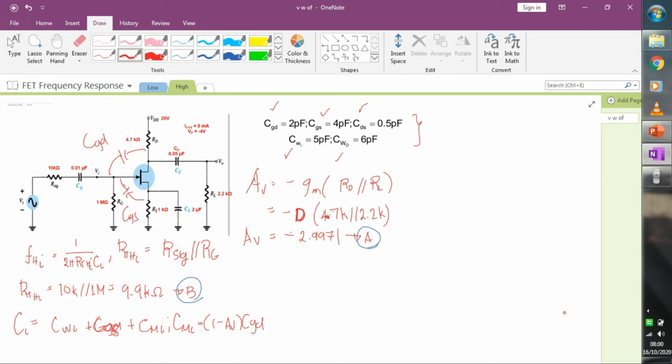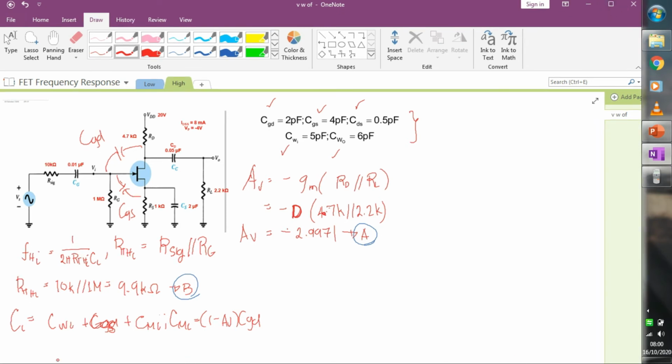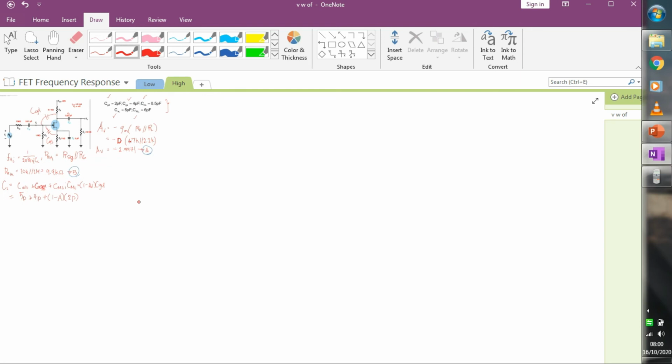Times C. Yan. Okay. So, your input wiring capacitance is equal to 5 picofarad plus CGS, which is equal to 4 picofarad plus CMI, so that is 1 minus AV. Ang AV natin constant A times the value of CGD, which is equal to 2 picofarad, and CI, right?